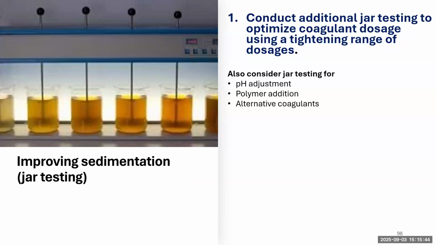We could also jar test for different pH ranges. We could jar test by adding polymer to our coagulant, and even alternative coagulants, to see what gives us the best results. We should also measure different parameters like temperature, alkalinity, pH, and the flow rate. Increased flow and increased temperature would give us different conditions than decreased temperature and lower flow rates.